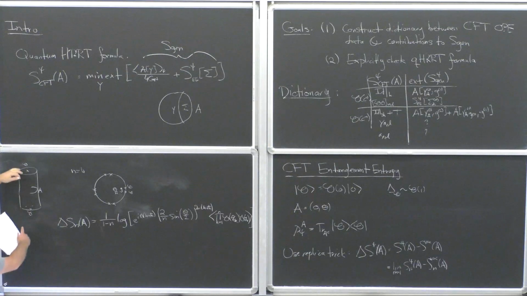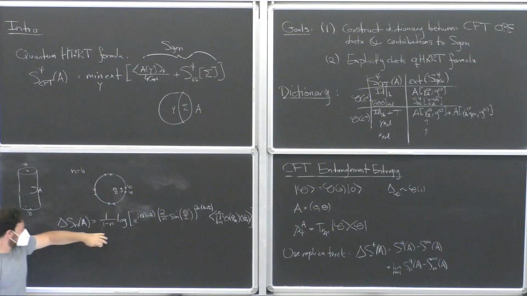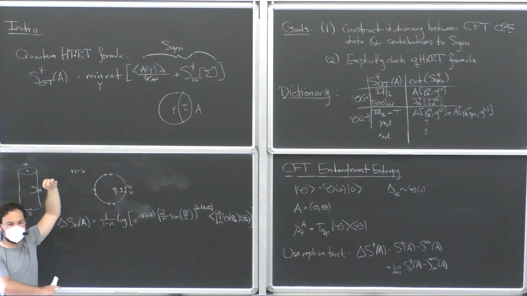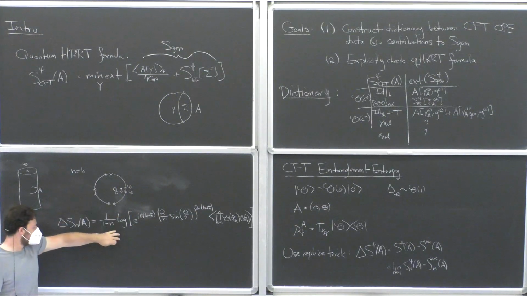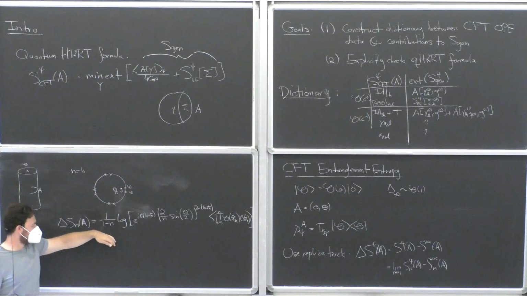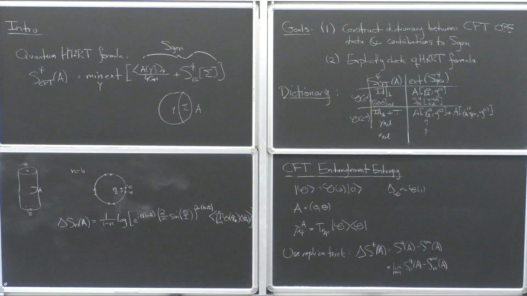I just had a 2 endpoint function on n copies of the cylinder, and then I map that to n copies of the plane, and I uniformize. The reason I have no twist operators is usually we don't do this uniformization map because there's an infinite divergence coming from the conformal factor when you go from n copies of the plane down to the single copy of the plane. But here I'm doing vacuum subtraction, so that infinite divergence cancels out, and you just get this 2 endpoint function. There are no twist operators in the game here.